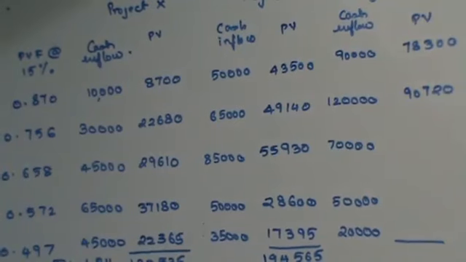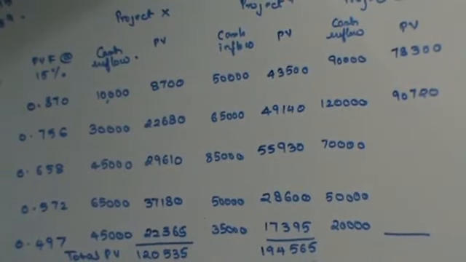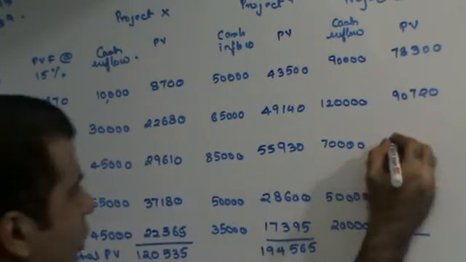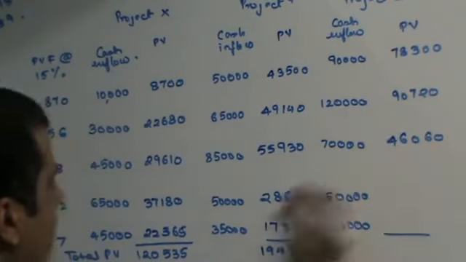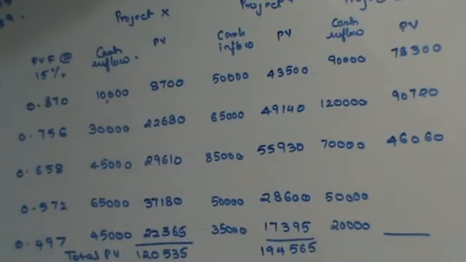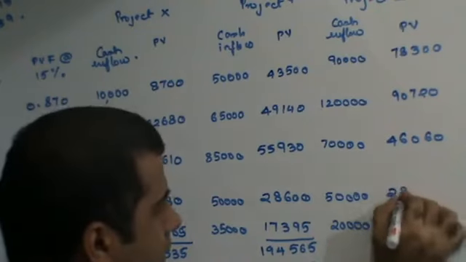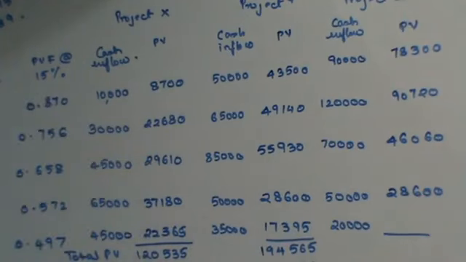Then 70,000 into 0.658, which is 46,060. Then 50,000 into 0.572 is 28,600. And finally 20,000 into 0.497 is 9940.